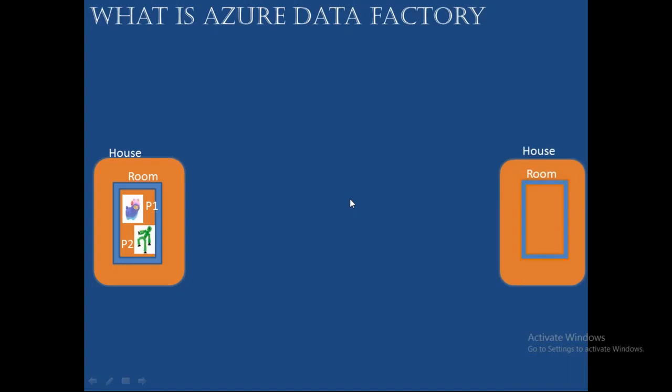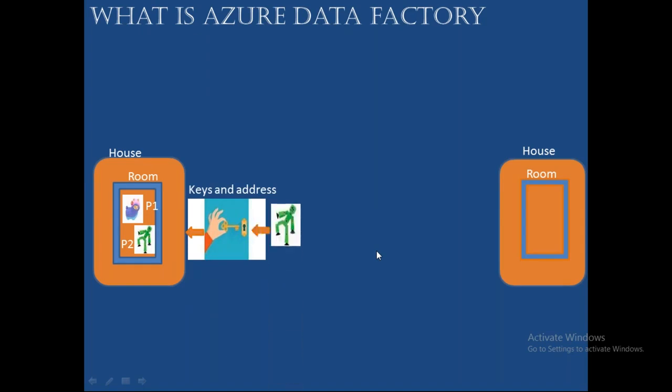First, if I want to pick any of these objects, I need to connect. By using proper keys and address, I should be able to enter this house. Once I enter, I can select the objects. Once I select, I pack the objects.